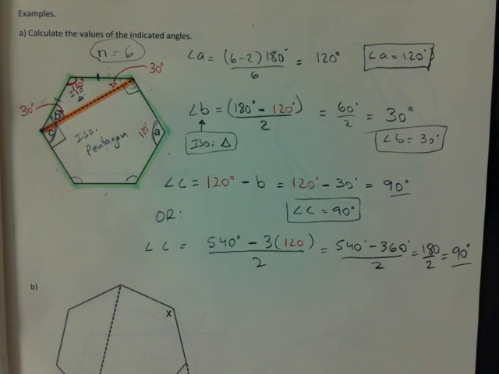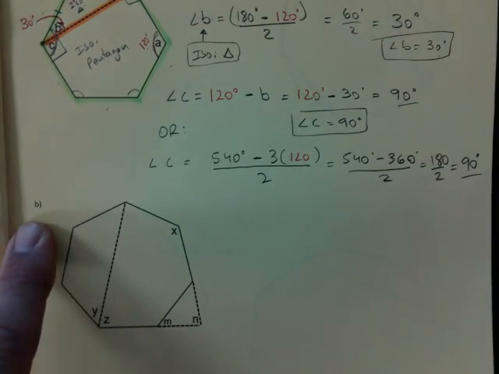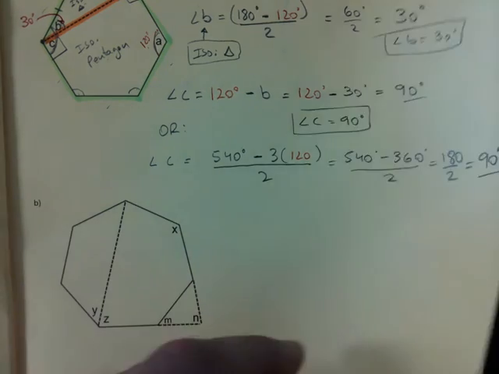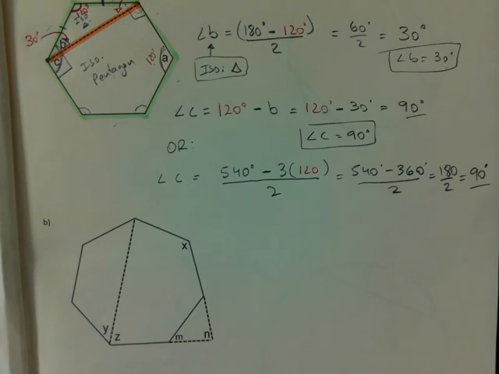Okay, homework. I want you to try B down here, this one. And let me just see in the workbook real quick. There's inscribed shapes in here. I want you to work.